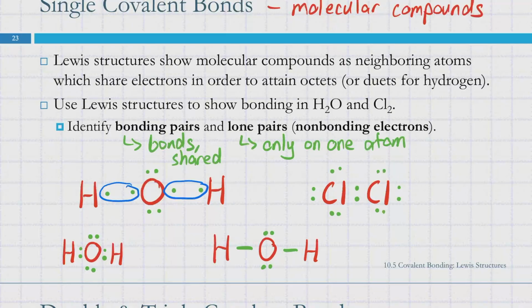It has access to 8 electrons. It has its full octet. If we draw it out with the lines, it's got 2 bonding pairs. 2 times 2 is 4, right? And then we also have 2 non-bonding pairs, or lone pairs. Those lone pairs only count towards the octet for oxygen.